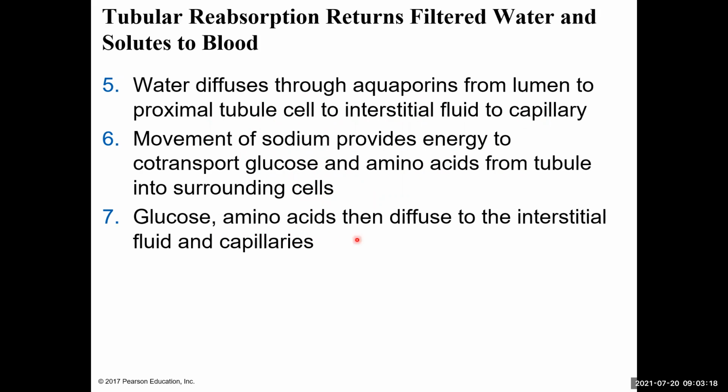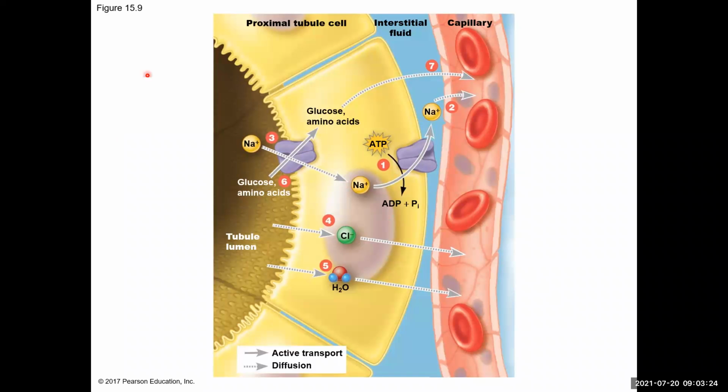And then the glucose and amino acids move into the interstitial fluid, and then into the capillaries. So basically, this figure summarizes those processes. So you have sodium actively being transported into the interstitial fluid, diffusing into the capillary, and that sets up that gradient where sodium will diffuse into the cells.